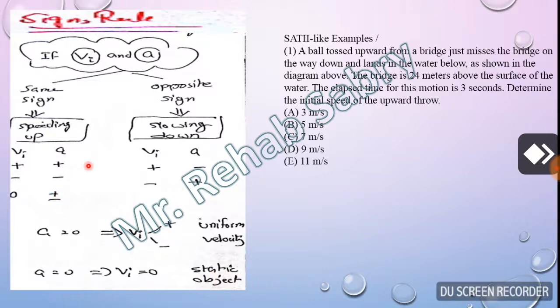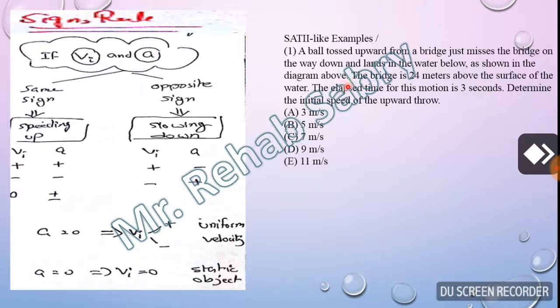But what about if the two quantities, acceleration and initial velocity, are opposite to each other? It's slowing down. If the initial velocity is positive and acceleration is negative, the object slows down. If the initial velocity is negative and the acceleration is positive, the object slows down.